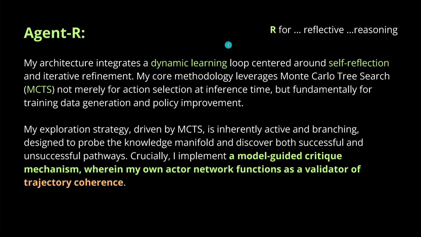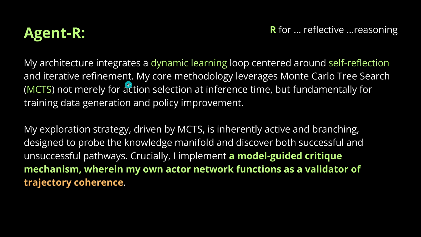Now, if you go with R, for reflective, for reasoning, for super R, we do have a dynamic learning loop. And this is normally centered around a self-reflection and an iterative refinement or a self-learning environment.